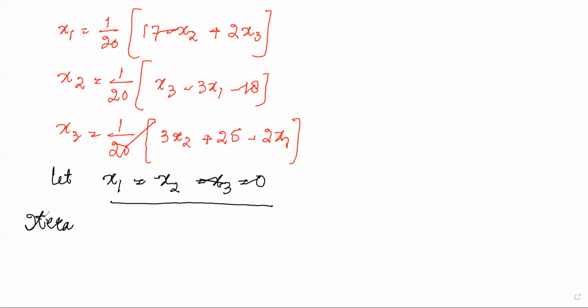See, now this is a simple process. So I will go to iteration 1. In iteration 1, first of all, obtain the value of x1. How? In the equation for x1, substitute the value of x2 equal to 0 and x3 equal to 0.